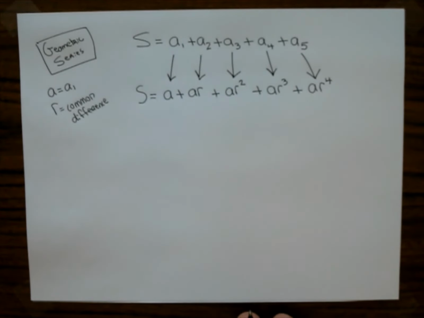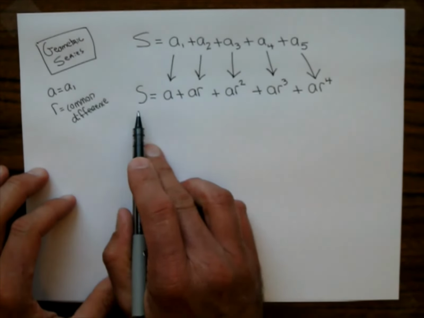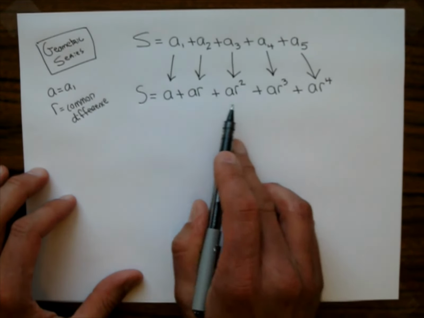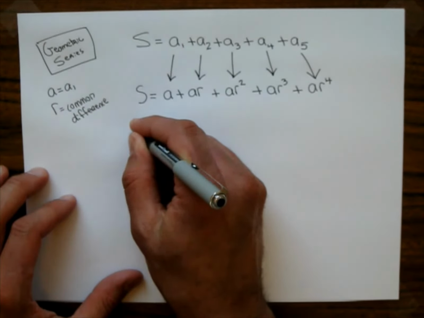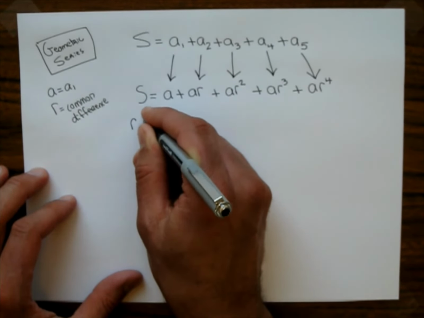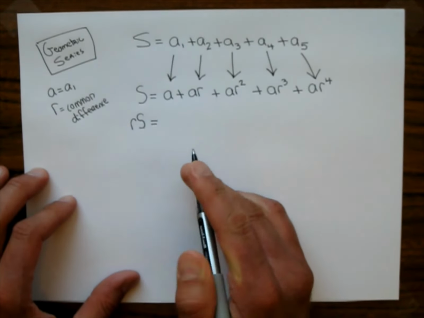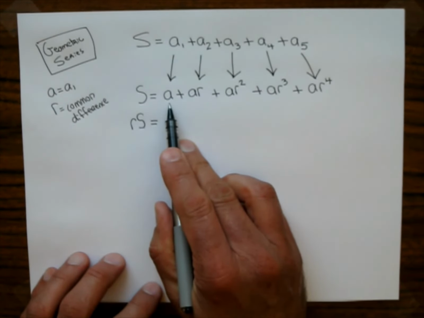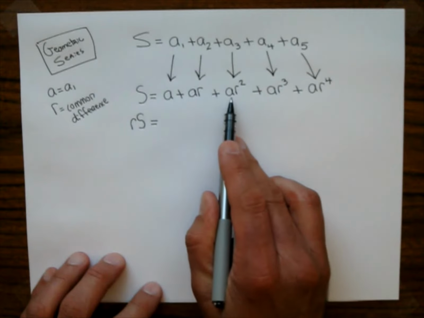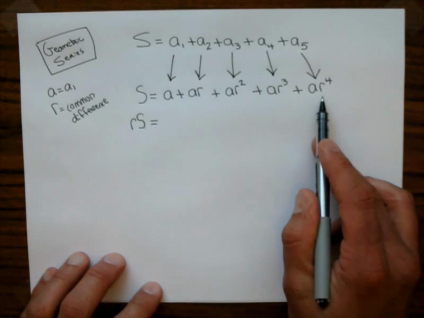Okay, so now I'm going to say, well, what would happen if I multiplied both sides of this equation by R? Well, on the left-hand side, I'd have R times S. And on the right-hand side, I'd have AR plus AR squared plus AR cubed plus AR to the 4th plus AR to the 5th.